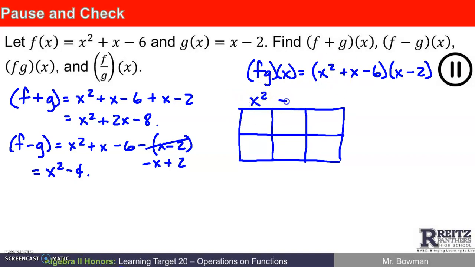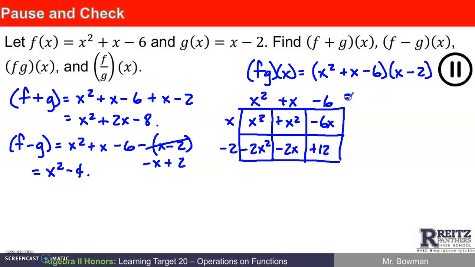To multiply x squared plus x minus 6 by x minus 2, x times x squared is x cubed. X times x is positive x squared. X times negative 6 is negative 6x. Negative 2 times x squared is negative 2x squared. Negative 2 times x is minus 2x. Negative 2 times negative 6 is positive 12.